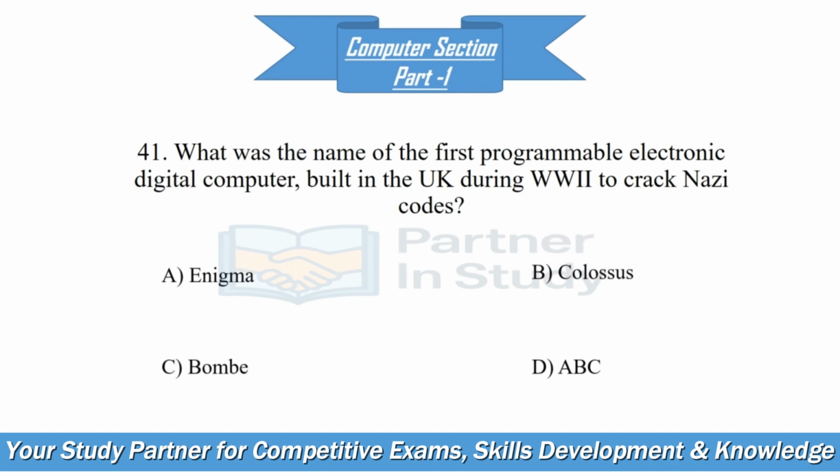What was the name of the first programmable electronic digital computer built in the UK during World War II to crack Nazi codes? The right answer is option B, Colossus.